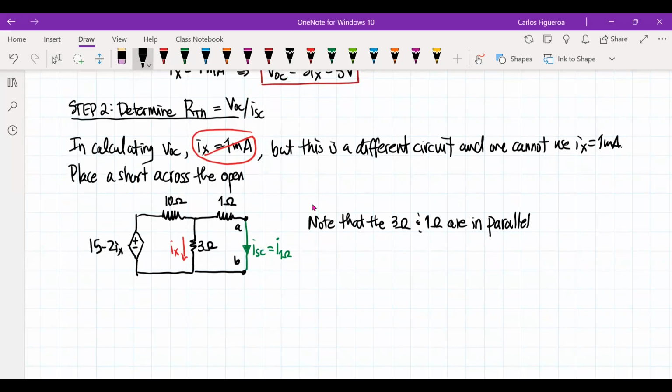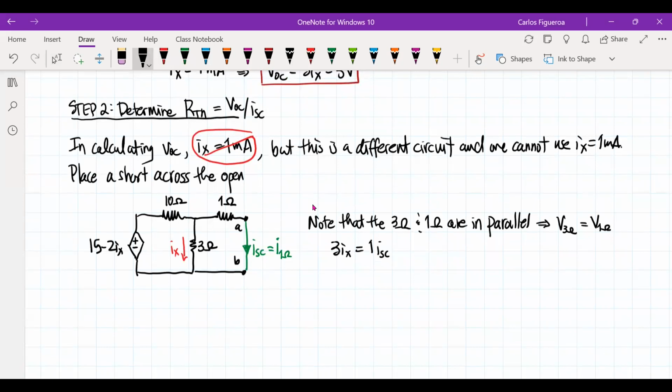Because they're in parallel, the voltage of the 3 ohm has to be the same as the voltage of the 1 ohm. But there's a connection between these two, because now I know that the 3 ohm is 3Ix, and the 1 ohm is 1 I short circuit.